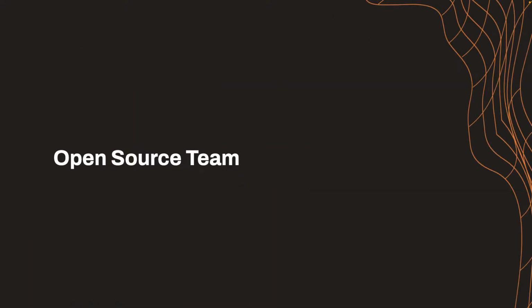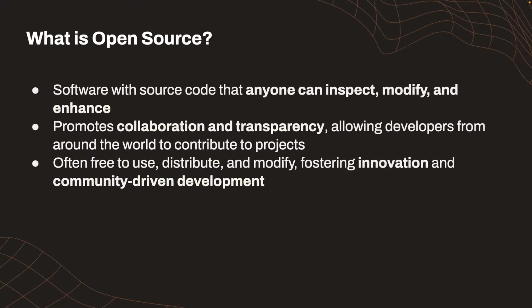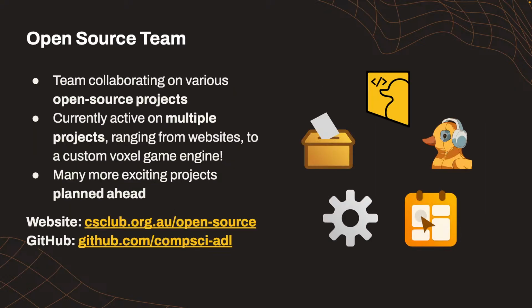And just briefly, the open source team. I'm one of the open source and infrastructure managers for the Computer Science Club. Open source is basically software where anyone can inspect, modify, and enhance it, and it promotes collaboration and transparency. It's basically free to use, so it promotes a better culture of innovation and community-driven development.